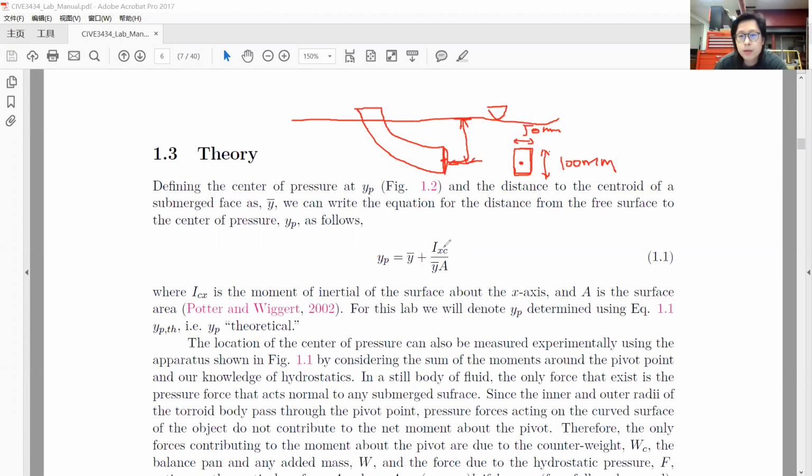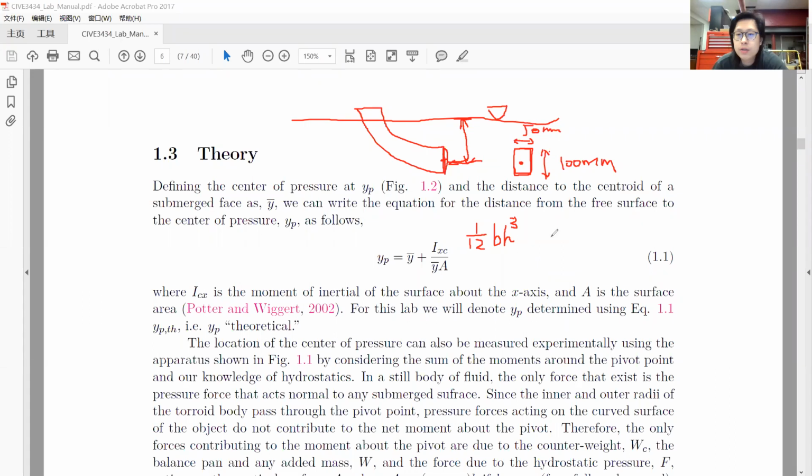We're able to calculate it. And IXC, I think you already know, is 1/12 B times H cubed.